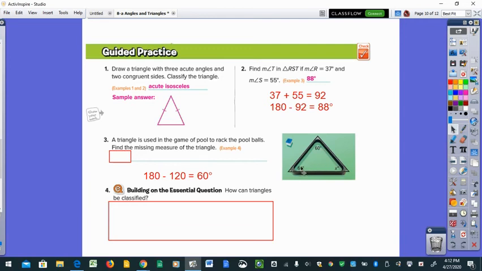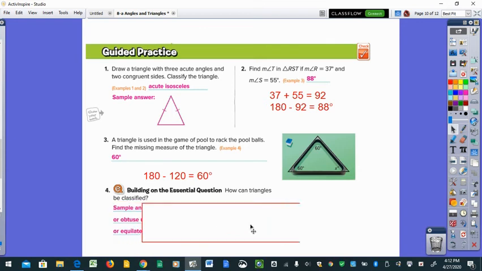Well, if you take the 60 and the 60 and you add them together, you get 120. You subtract that 120 from 180 that the triangle has to have, and that missing angle would be 60 degrees. By the way, your rack in pool is an acute equilateral triangle.